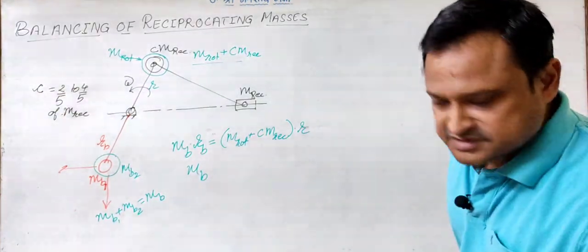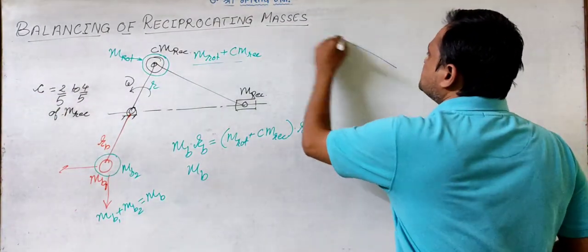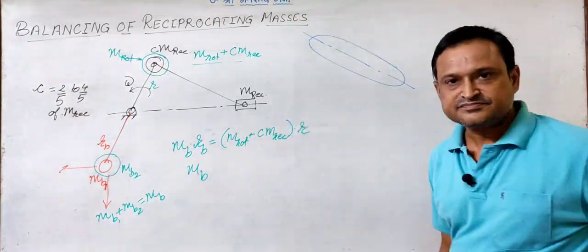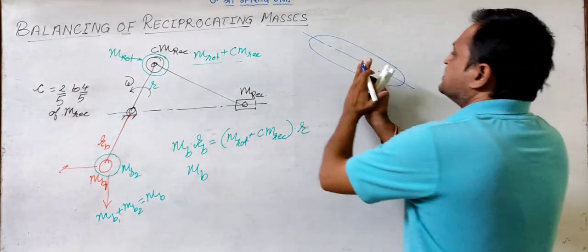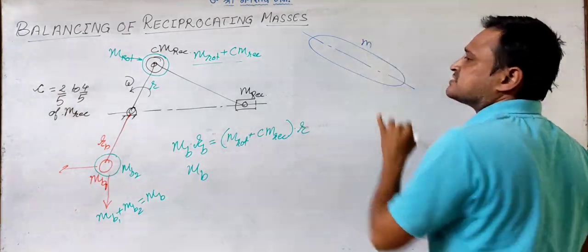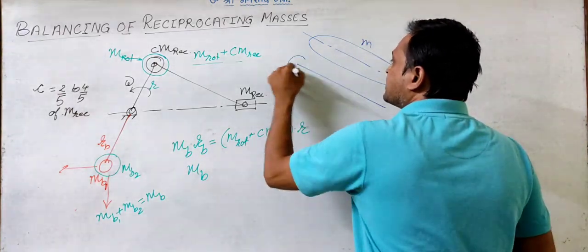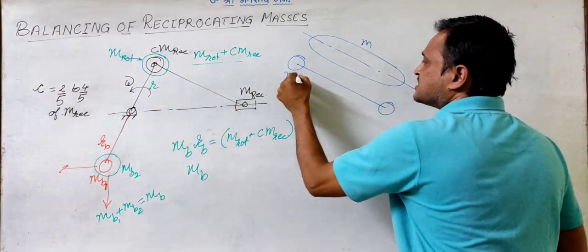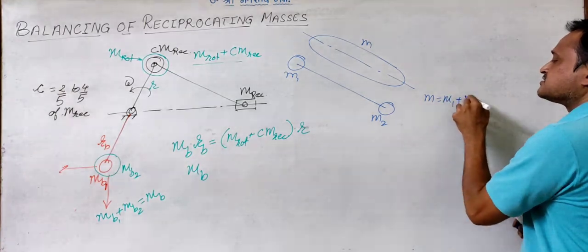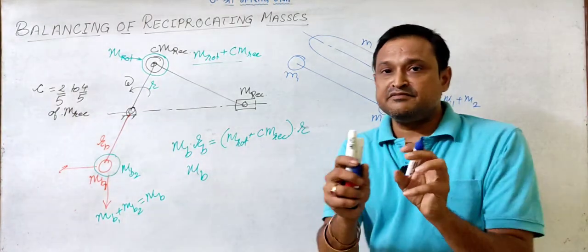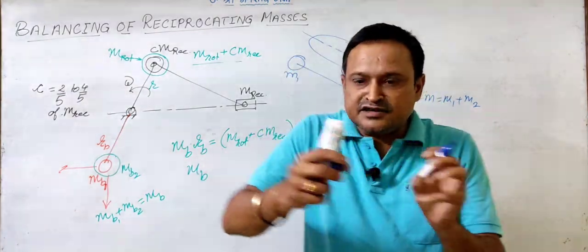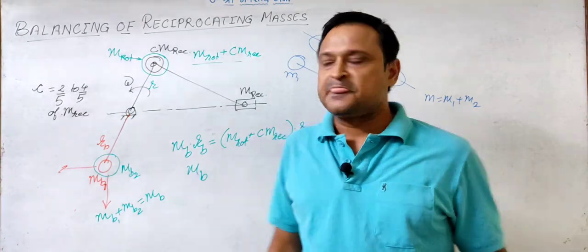So say the distributed mass of the connecting rod is something like this, right? So what we do is we consider this entire mass as, say, M1 and M2, where M is equal to the sum of these two masses, and we take these two concentrated masses and place them at the two ends of the connecting rod.